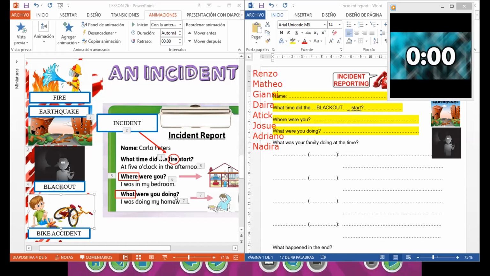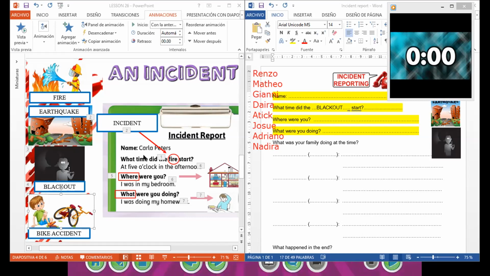What were you doing at school? I was doing my... I was... action, one action. I was studying, I was playing. Watching TV. Yeah, Renzo. I was watching TV. Is it okay in the school? No. I was playing football. Football, good. Okay, good.